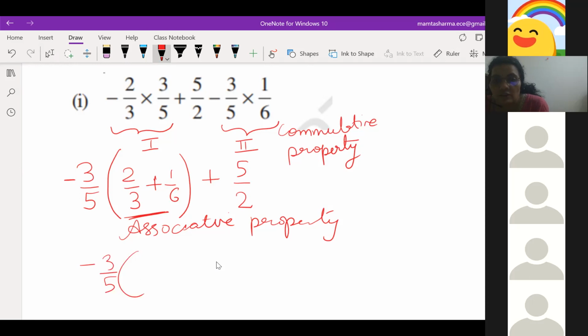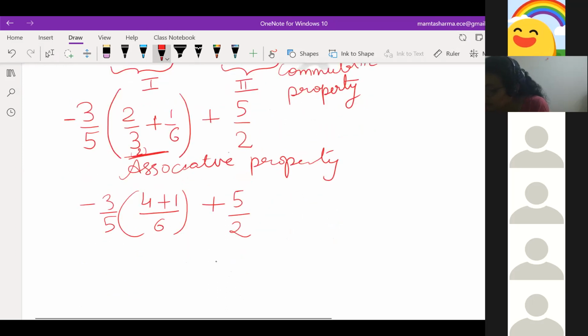What will you get? 4 by 6 plus 1 by 6. The LCM would be 6. Divide 6 by 3, you will get 2, multiplied by 2 is 4, plus 1 by 6, plus 5 by 2.